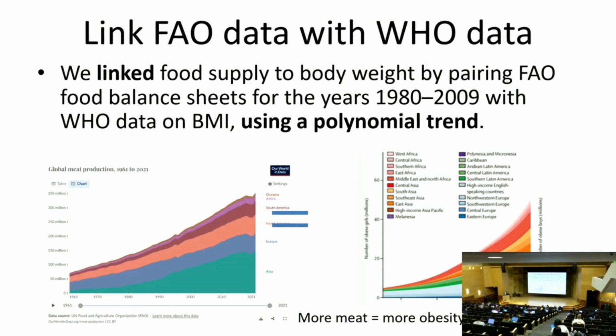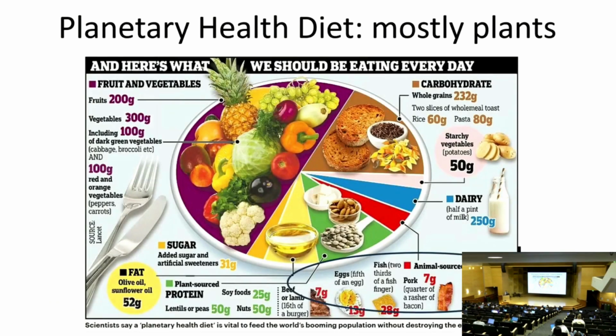What I will show you again is the slide I showed you last time, and that is the Planetary Health Diet is largely composed of plants. So you see here the plant-based diet is grains and potatoes and vegetables and fruit, and the recommended amount of meat is restricted to 7 grams of beef, 7 grams of pork, 29 grams of chicken, and 29 grams of fish.